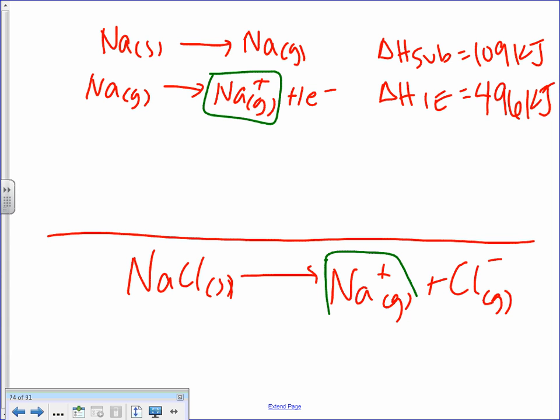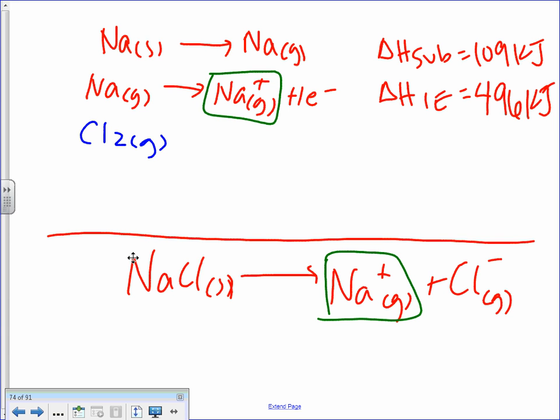Okay. So now let's do the same for chlorine. How does chlorine naturally exist? Diatomic gas, right? So chlorine gas, it's diatomic. What do I need to do to it first before I can ionize it? I do need to write the equation.